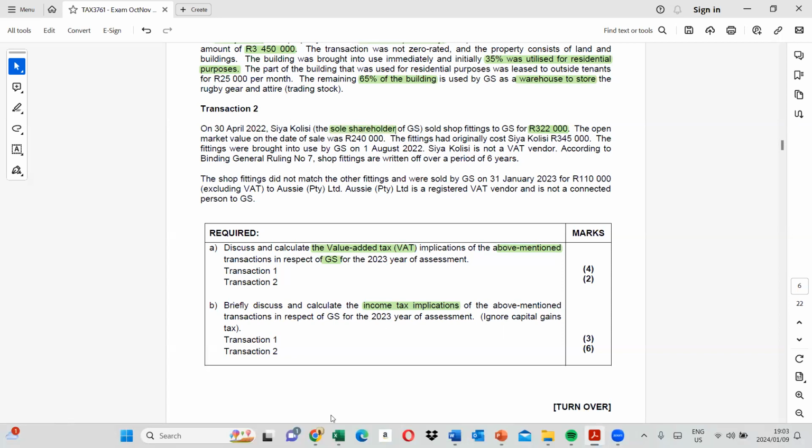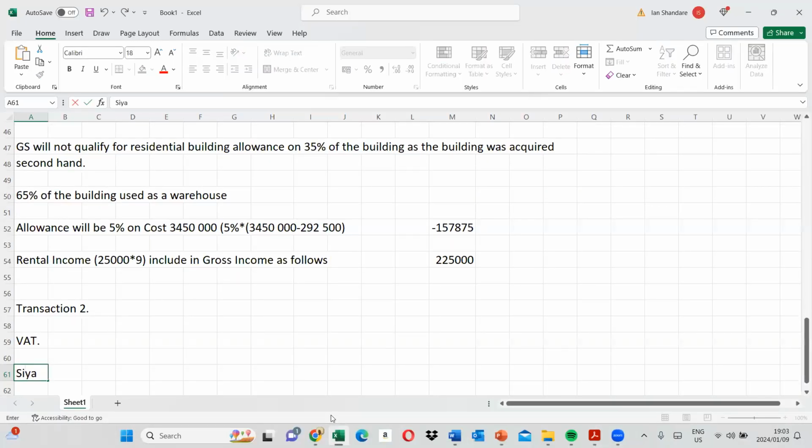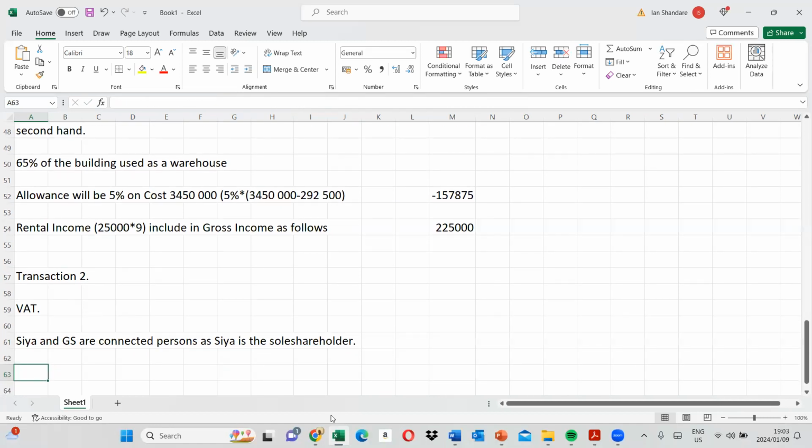So you first write down SIA and GS are connected persons. As SIA is sole shareholder, it means now this guy is the owner of this company. He holds all the shares in this company. So which makes him now the main owner of the company.